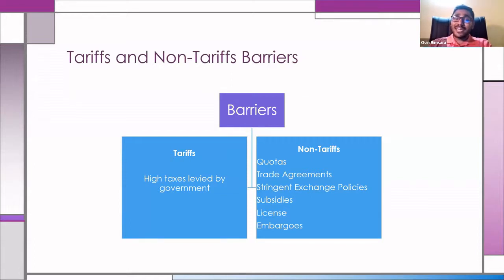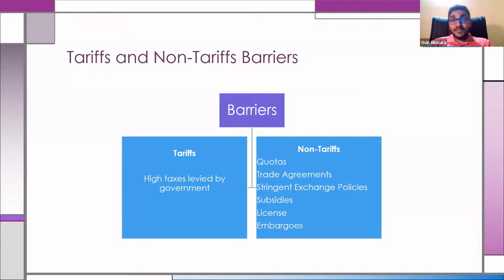Or else you can give subsidies. Subsidies means you are providing some sort of benefits to the local producers in order to compete with the international producers. Maybe you are giving tax reliefs to the local companies, maybe you are giving loans at a good rate, or you are giving grants or different support.